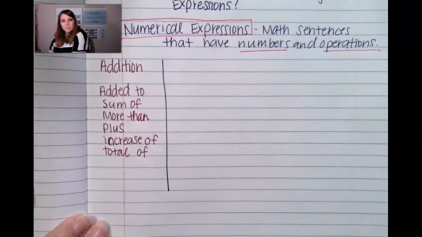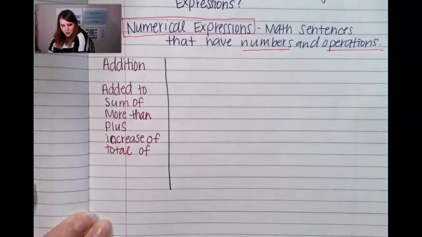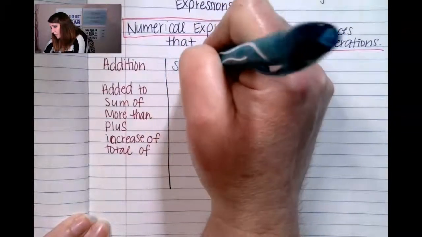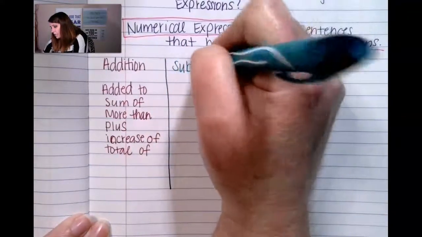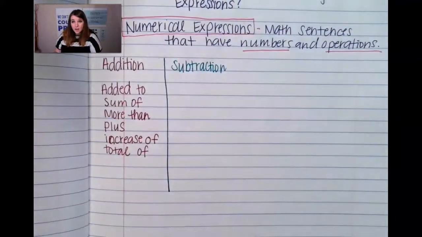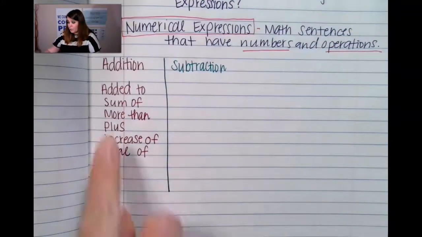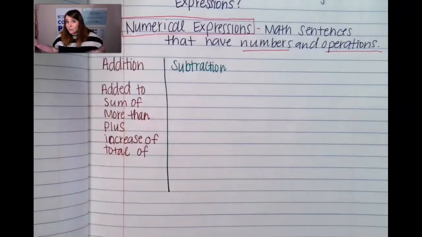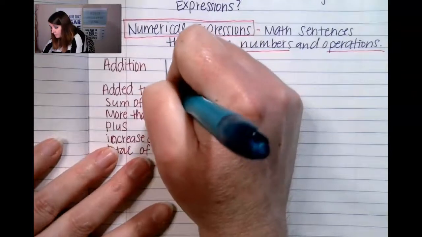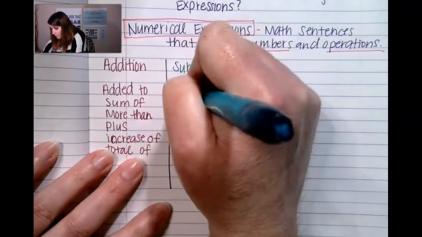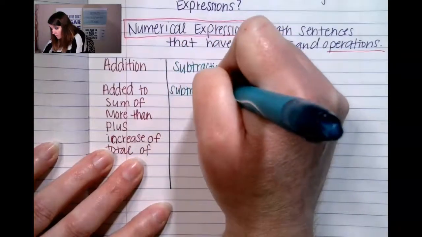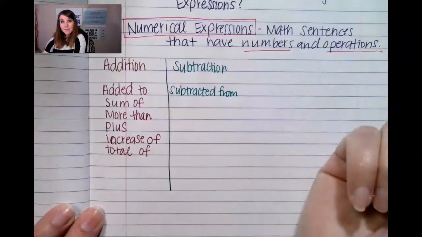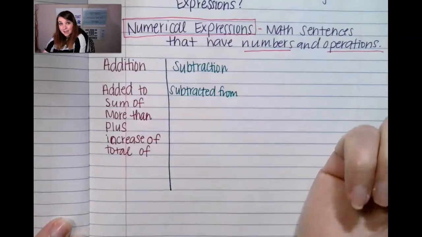Okay, let's look at some more clue words. For, let's do subtraction. Subtraction words that you may have heard. If we're using the word added to, you may have seen subtracted from, maybe like the difference of, right?